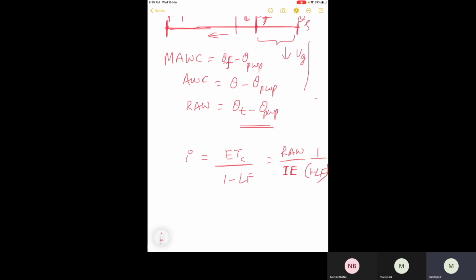Okay, so the equation here is I is equal to readily available water divided by IE, irrigation efficiency, multiplied by 1 minus LF.